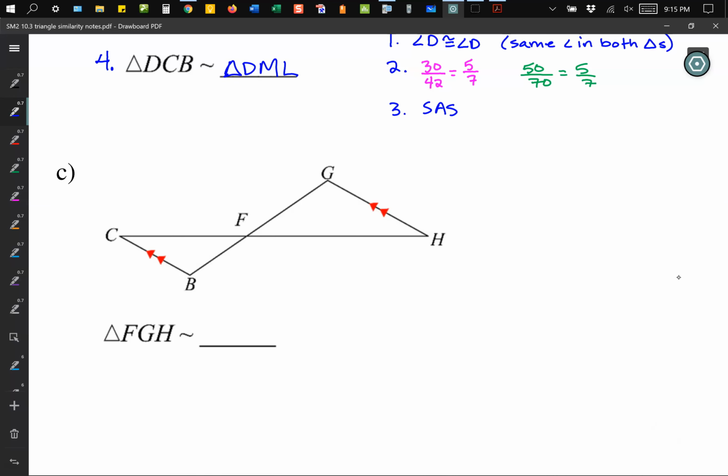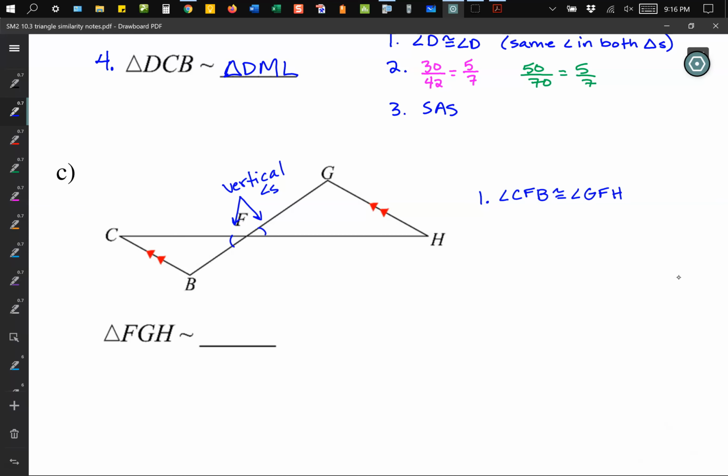So first of all, I see an X. So there's some vertical angles right there. So I need to name them with 3 letters. They can't both be angle F. So angle CFB is congruent to angle GFH.